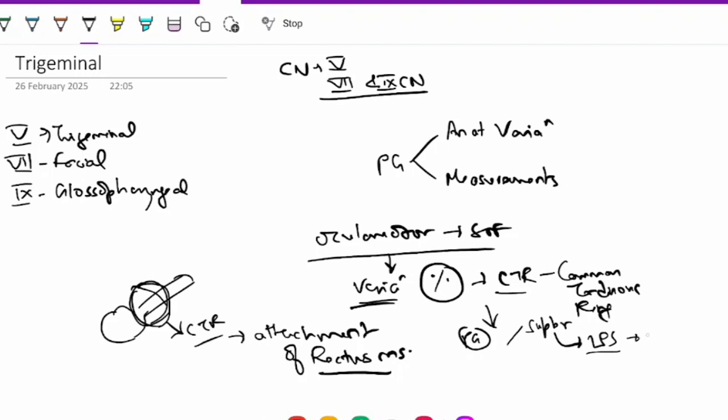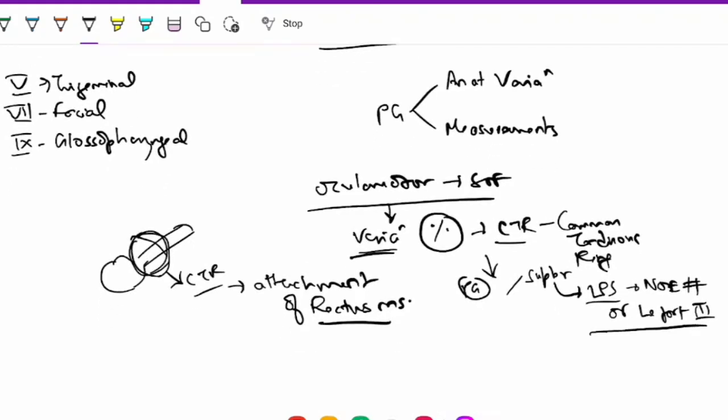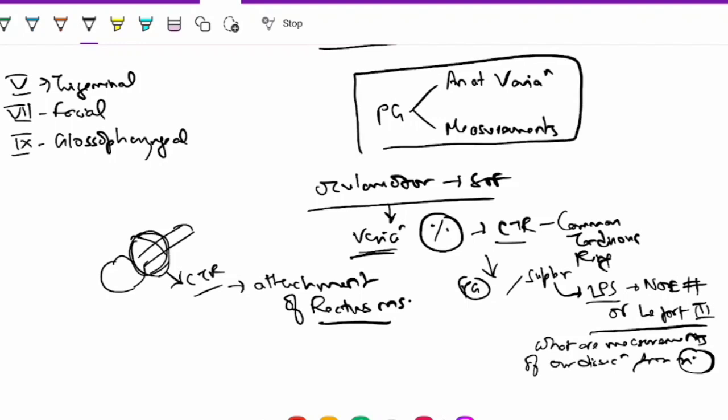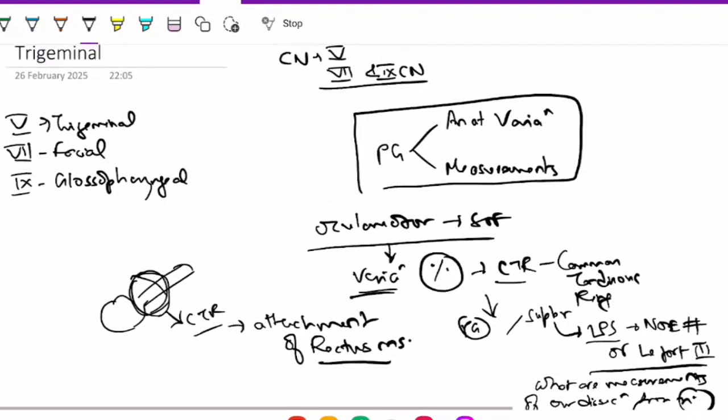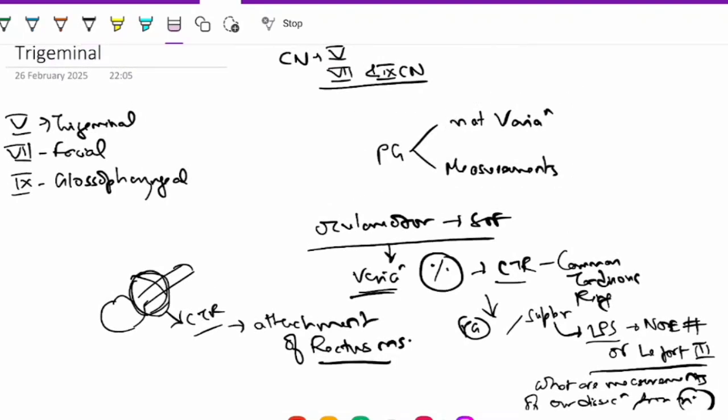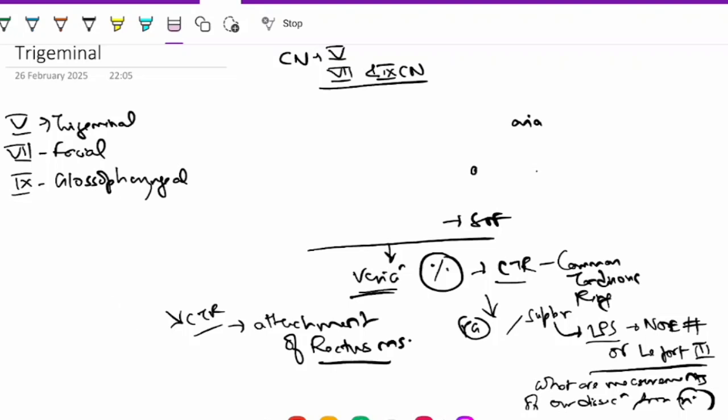When you're operating on, let's say, an NOE fracture or a Le Fort 3, it becomes extremely important for us to know what the measurements of our dissection from the nerve are, so that the nerve is not hampered. These two details make up a lot of postgraduate stuff. Anyways, we are not going to be looking at the postgraduate stuff in this video. I was just giving an example.